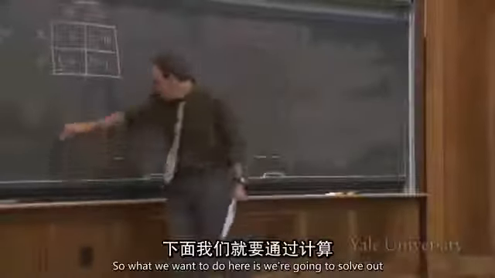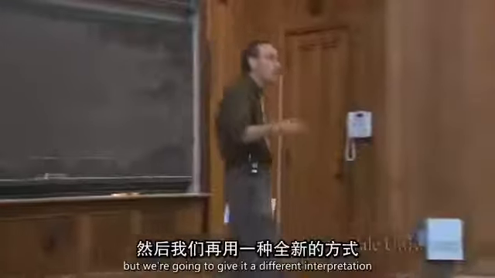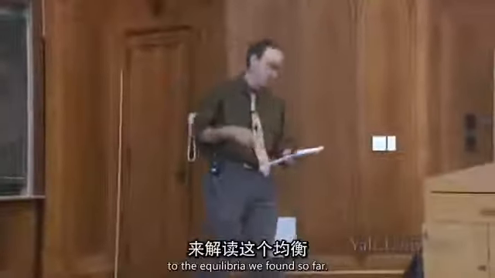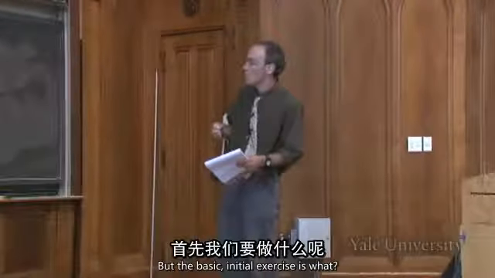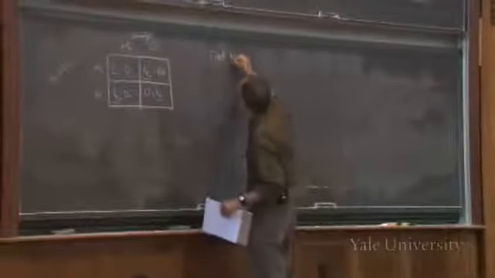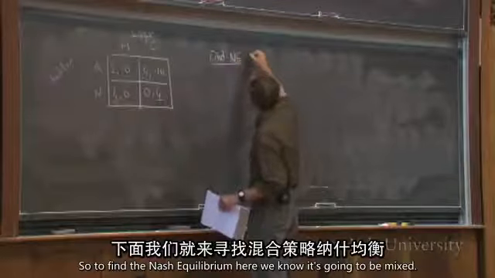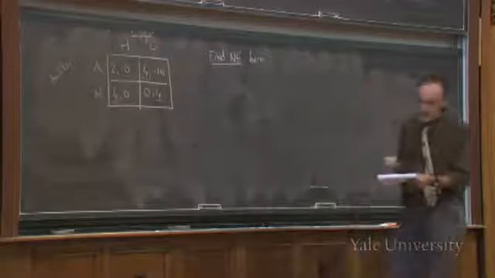All right? So what we want to do here is we're going to solve out and find a mixed strategy equilibrium, but we're going to give it a different interpretation to the equilibria we've found so far. But the basic initial exercise is what? We're going to try and find the equilibrium here. To find the Nash equilibrium here, we know it's going to be mixed. All right?